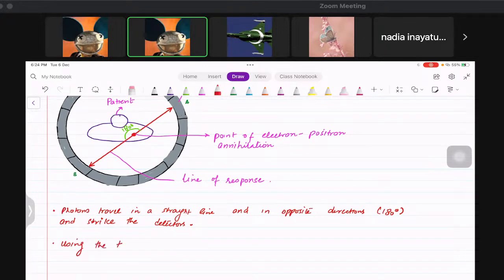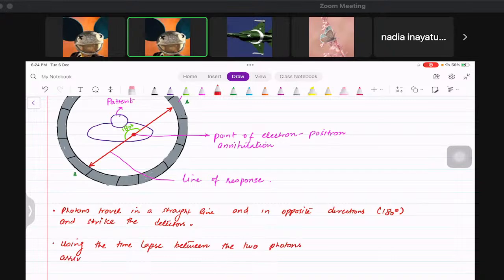Using the time lapse between the two photons, because they arrive at different times, right?